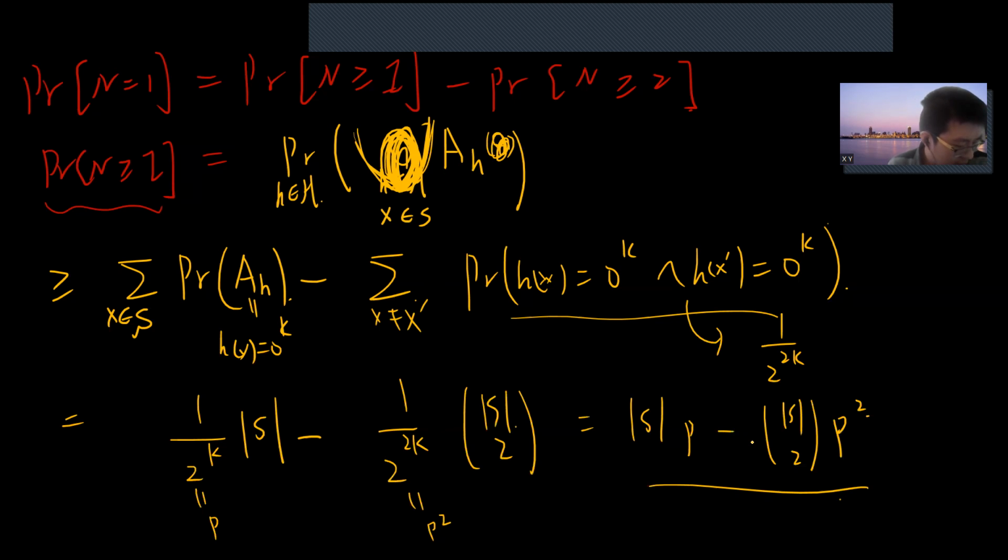Okay, and I want to compute the probability of n greater or equal to 2. What does this mean? You're asking for the union bound, the pairwise events.